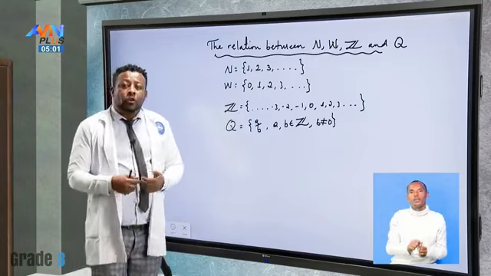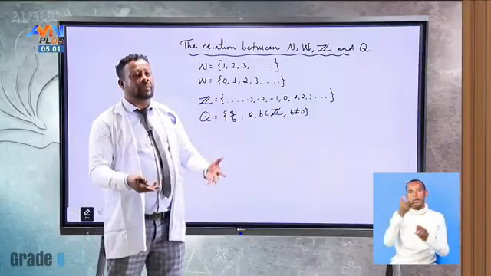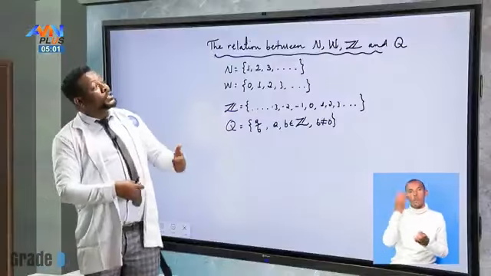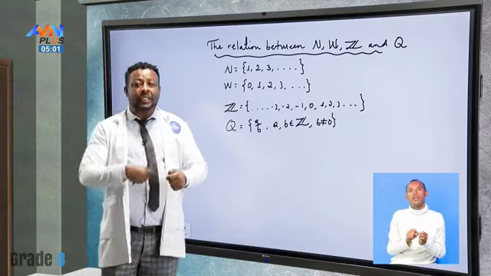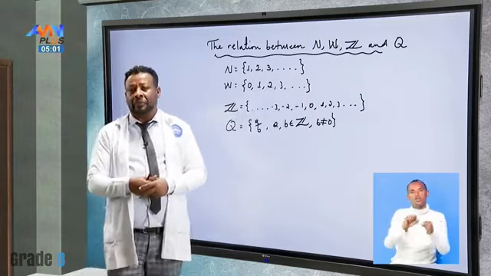Okay, from your previous class level or from your previous grade level, you have the concept of a set, a subset, and other related issues regarding set theory, right?